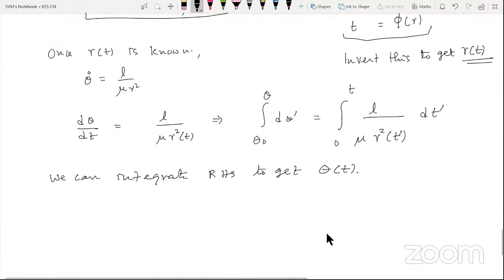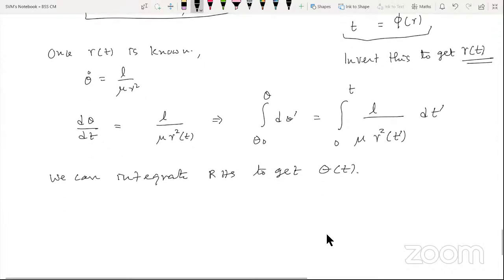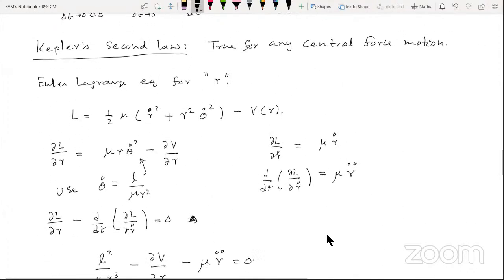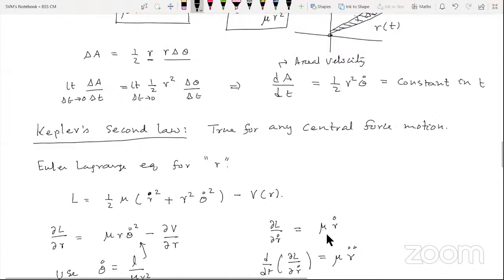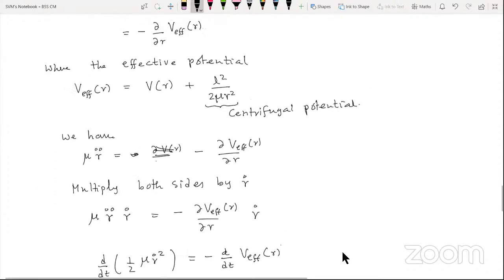So now let us look at this, starting from this Euler-Lagrange equation for R. You have written down these equations, and what we are doing from here is trying to find the solution in terms of quadratures.